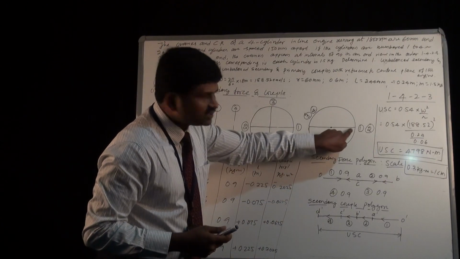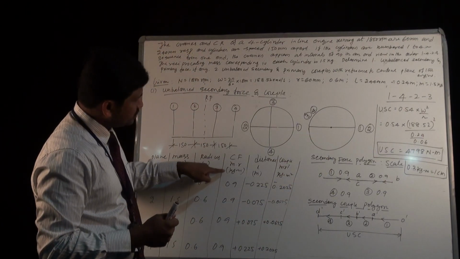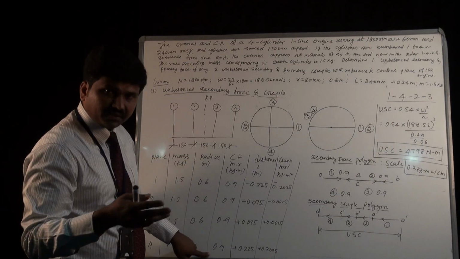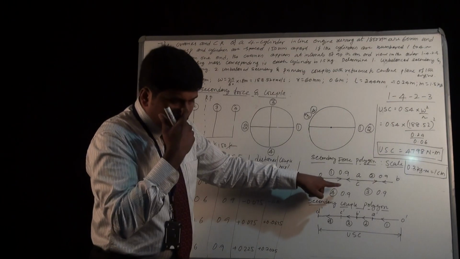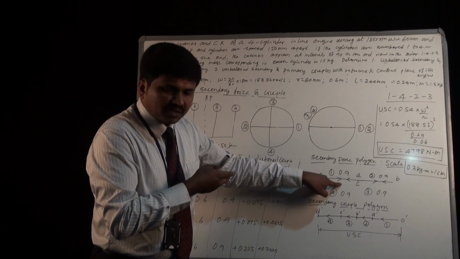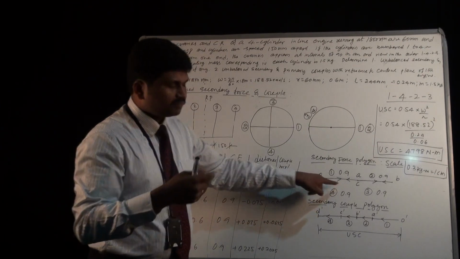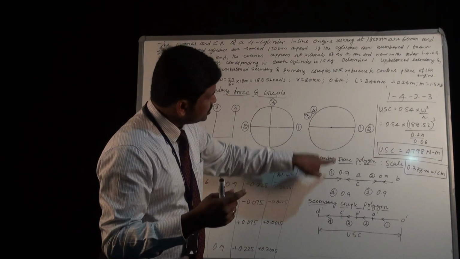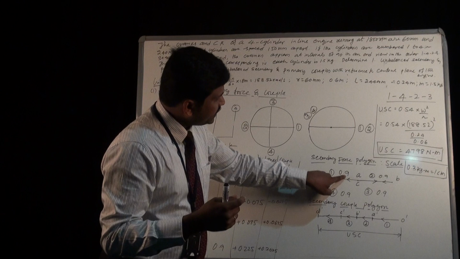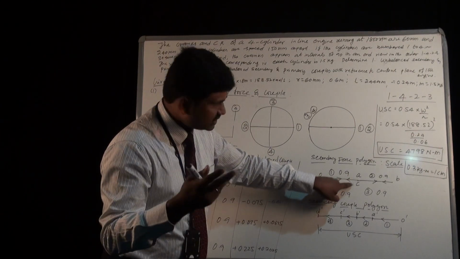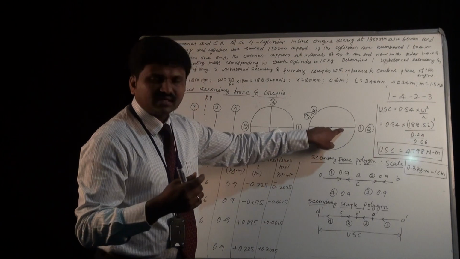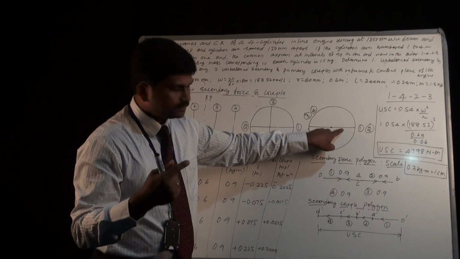Now 1 is in this direction, because the centrifugal force values are all positive. So we have to draw the centrifugal force vector in the directions of the crank positions only. Now for cylinder 1, crank 1 is shown 0.9 kg meter or 3 centimeter, 0.9 kg meter in the direction of crank 1 of the cylinder 1.